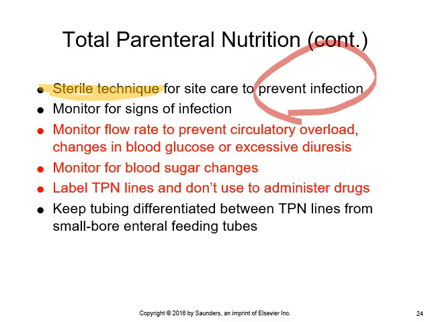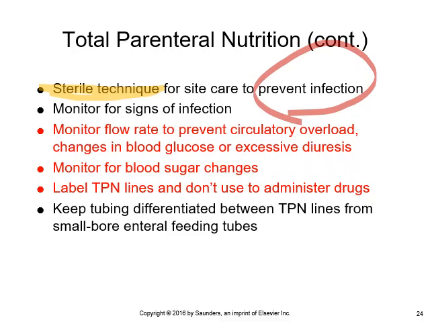So if a pathogen gets in, then it goes directly to the superior vena cava, which is very harmful or could even be fatal, right? So that's why we want to make sure we're doing sterile technique.